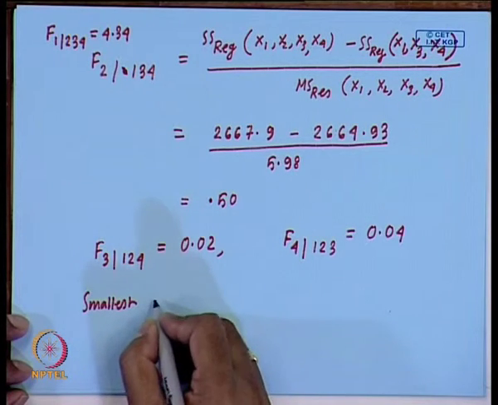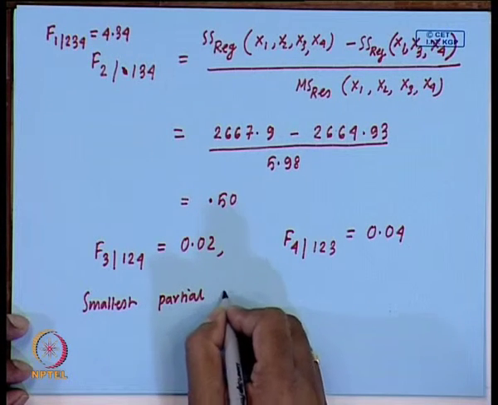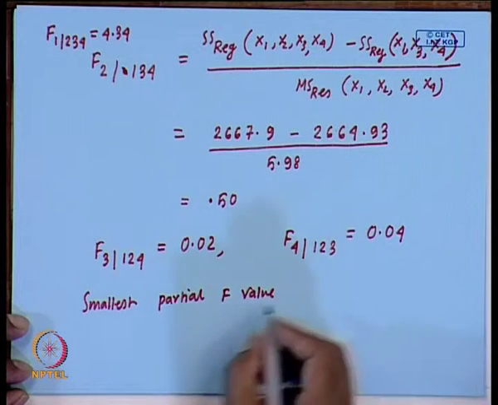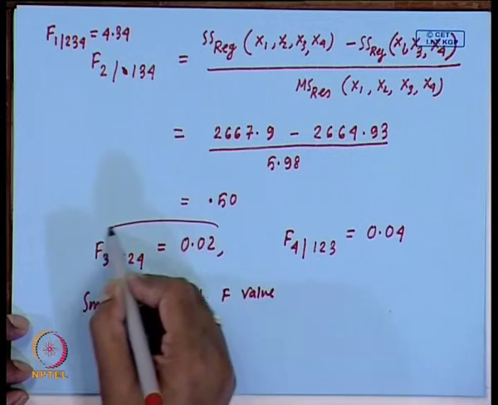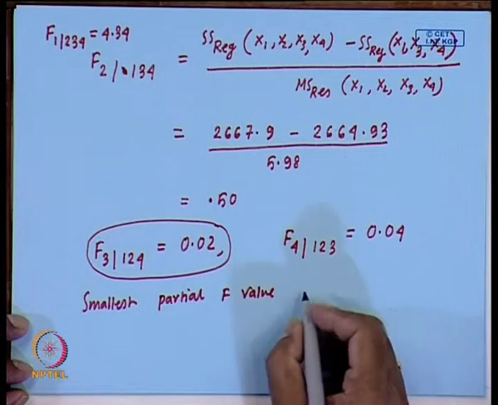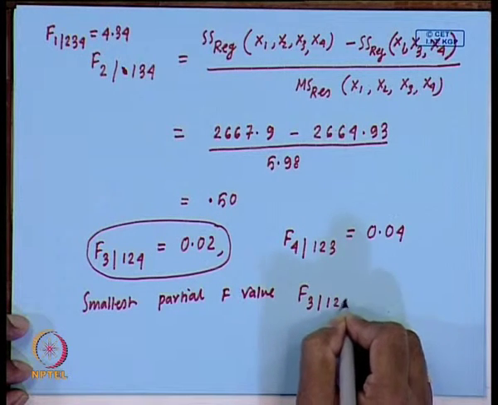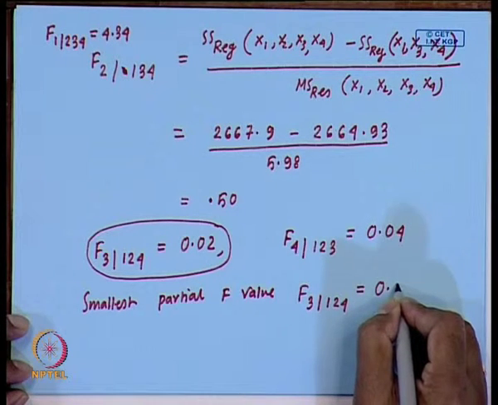So, that is why we look for the smallest partial F value. Which one is the smallest? This one is the smallest, okay, is F3 given 1, 2, 4, which is equal to 0.02.